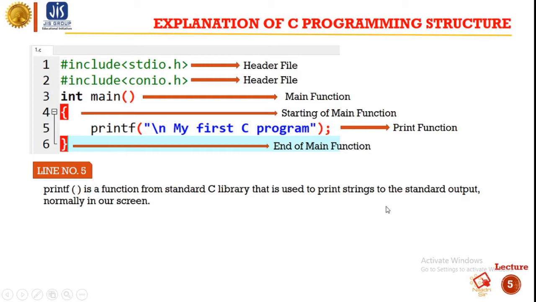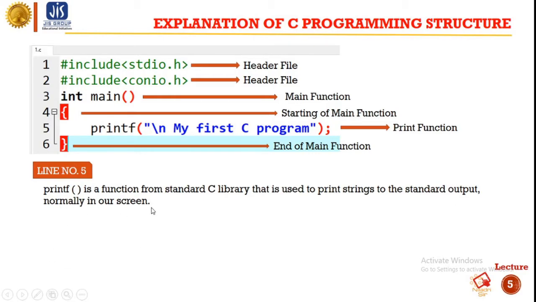There are basically two types of functions. One is the user defined function and another one is the predefined or library function. Printf is a library function. It is already defined within the compiler. So printf is a function from the standard C library that is used to print strings to the standard output, normally our screen.